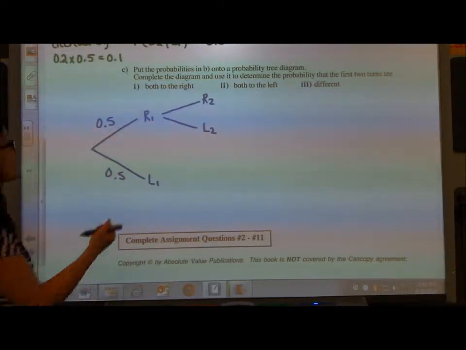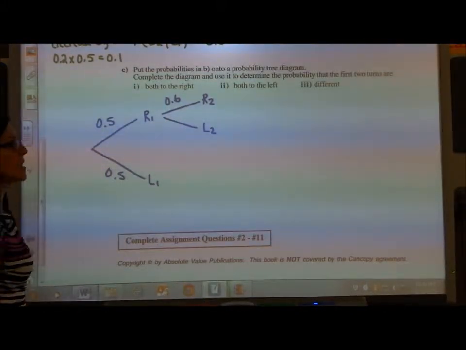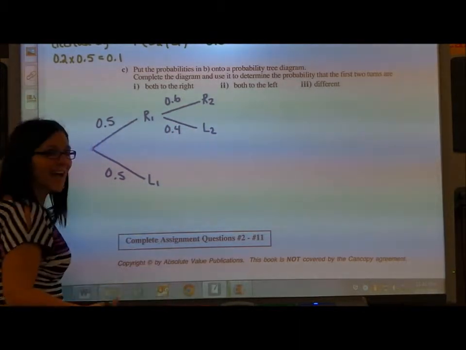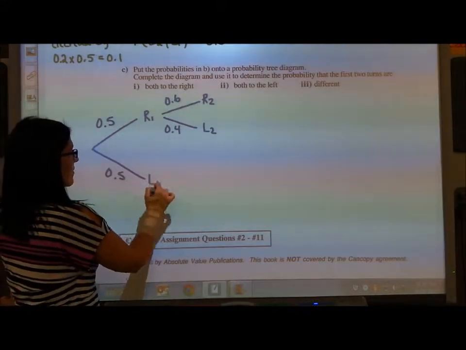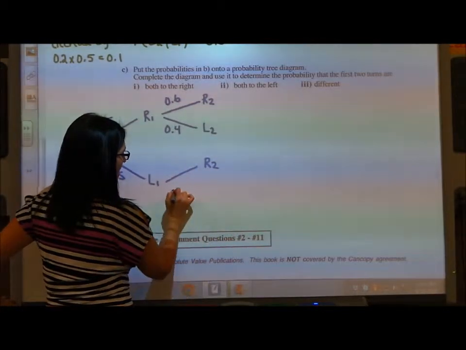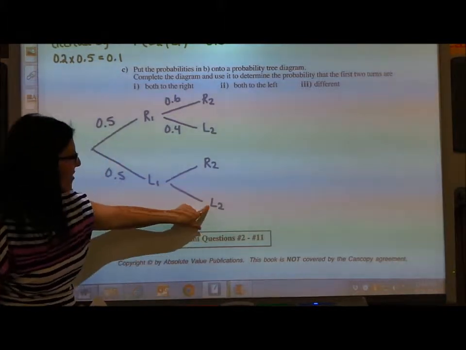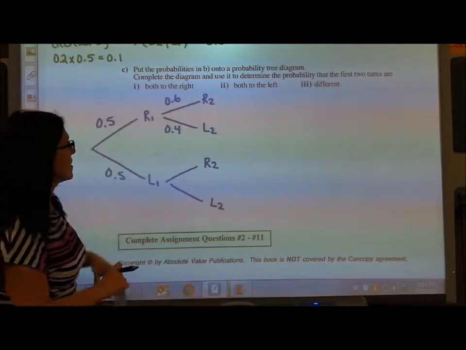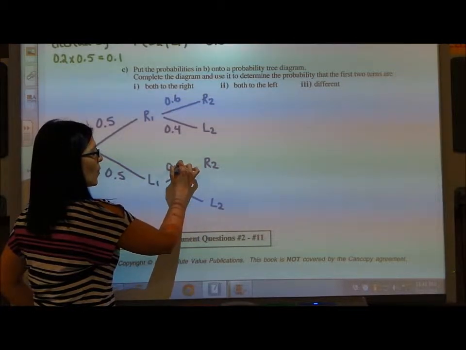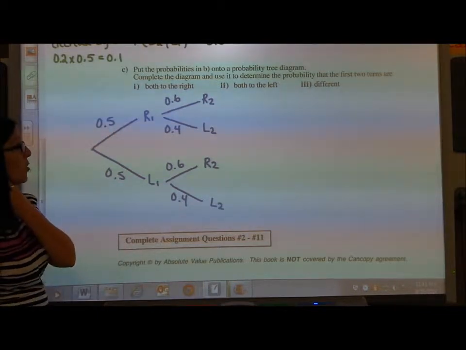The probability that it turns to the right, we calculated above, is 0.6, which means the probability that it would turn to the left would be 0.4, because it has to add up to 100. If the mouse goes to the left first, and then goes to the left the second time, this one I have done. That's this right here. So that's 0.4, which means by default this has to be 0.6, because that's how I add it up together to get my 1.0.